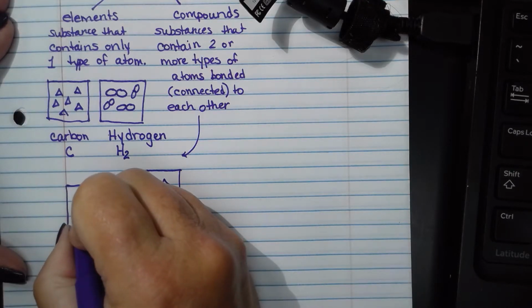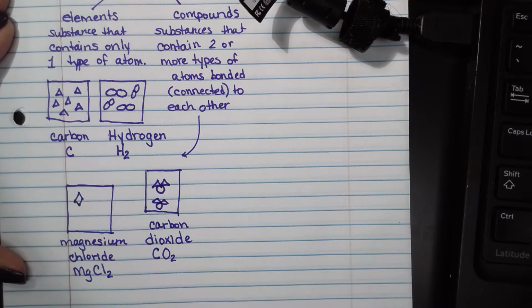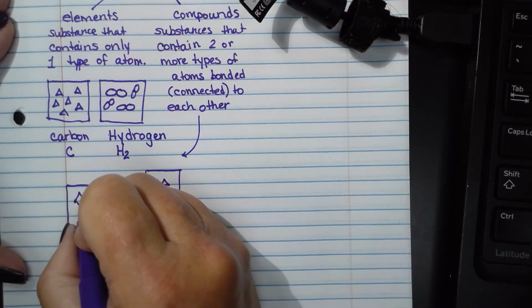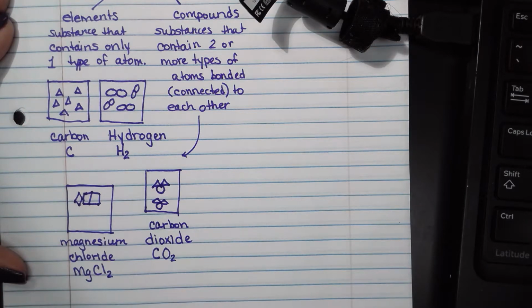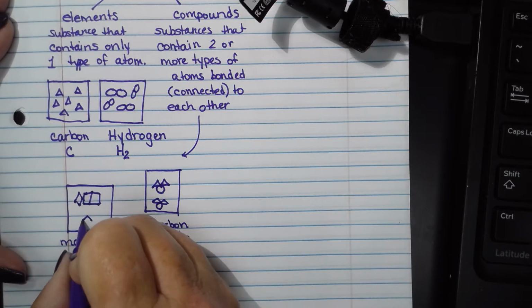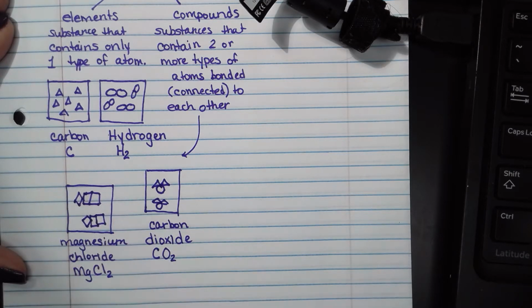Again, we would show, let's say we make magnesium be a diamond, and we have chlorine be a square. I don't draw squares very well. So if we saw a picture like this, this would represent the compound magnesium chloride.